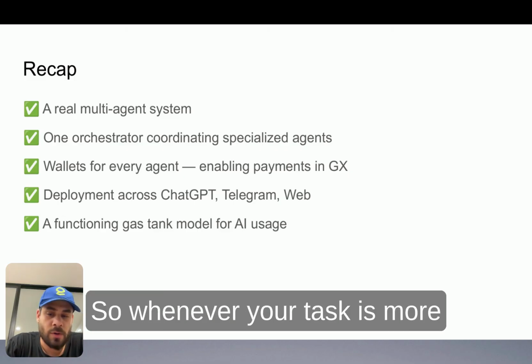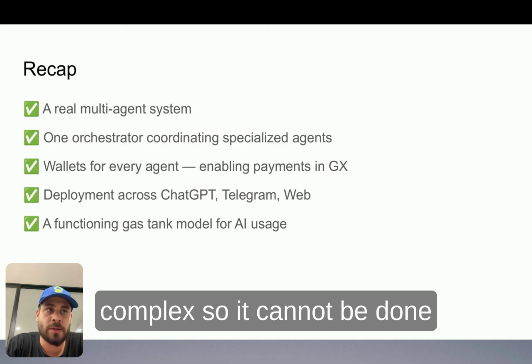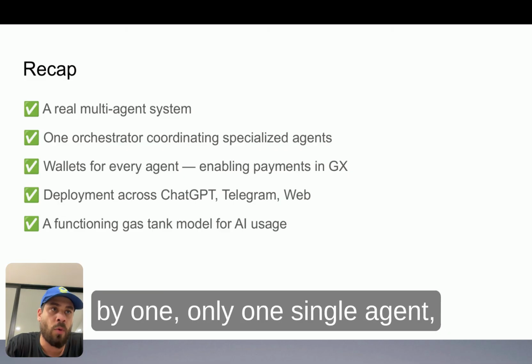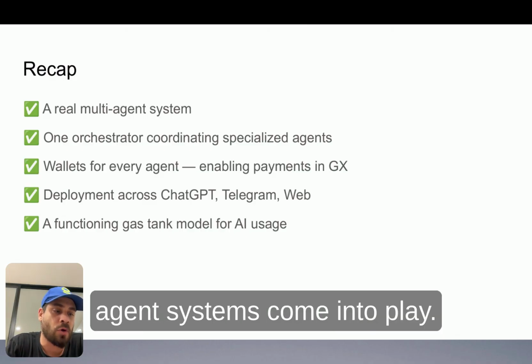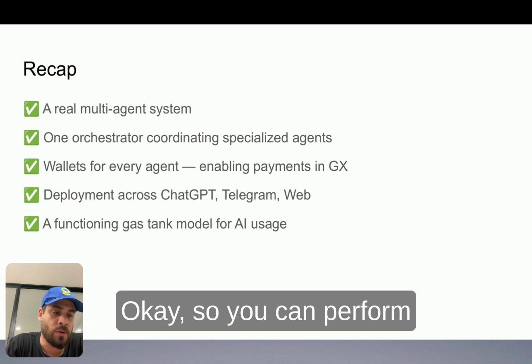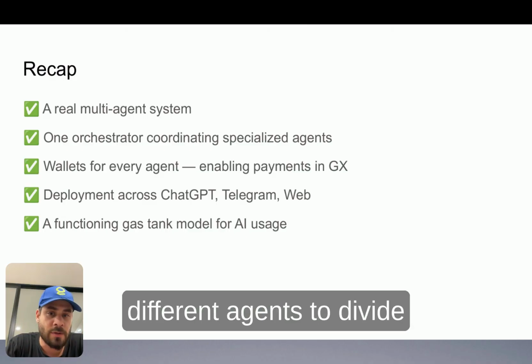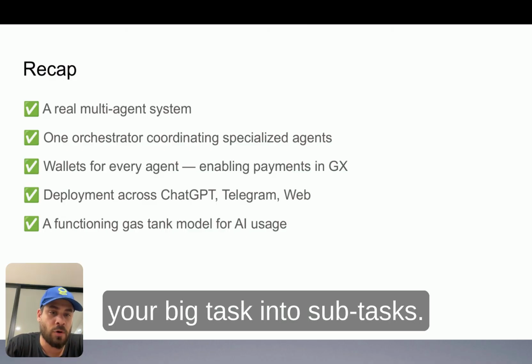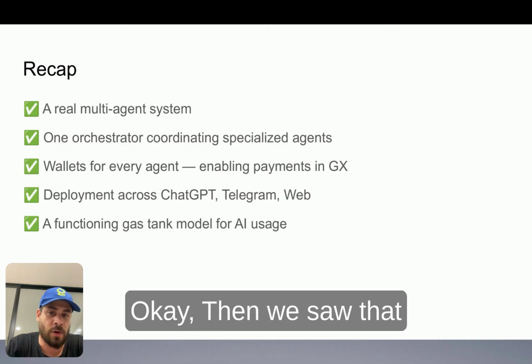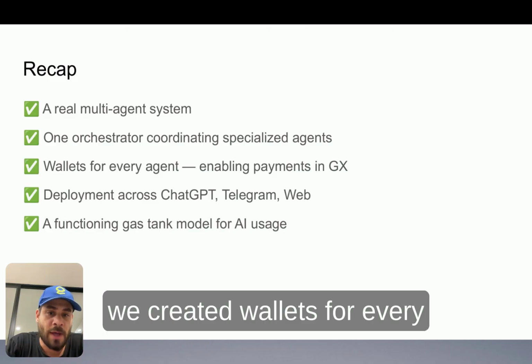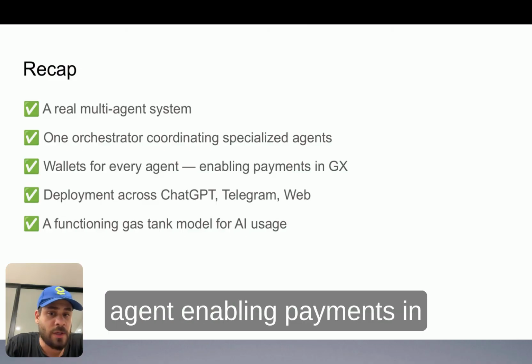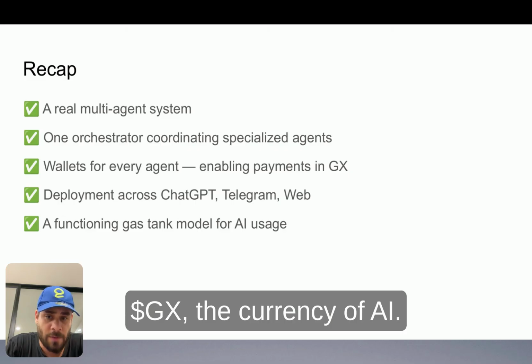So whenever your task is more complex, so it cannot be done by only one single agent, this is where multi-agent systems come into play. Okay, so you can perform more complex tasks involving different agents to divide your big task into subtasks. Okay, then we saw that we created wallets for every agent, enabling payments in GX, the currency of AI.